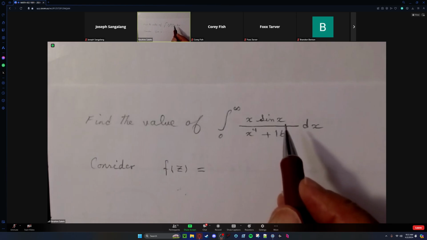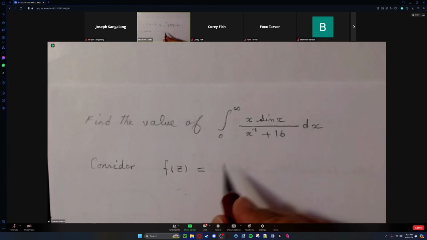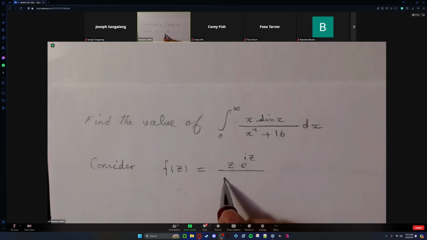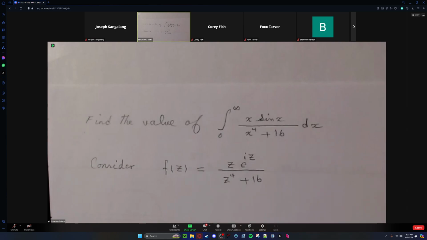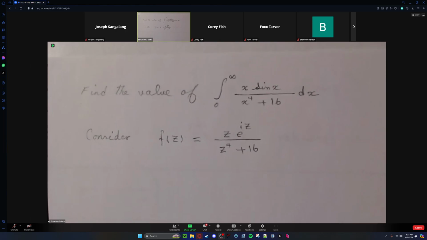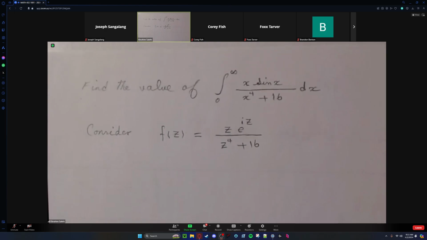We use e to the iz. So z e to the iz divided by z to the 4 plus 16. And we integrate this over that semicircular contour, right? So what do we get?